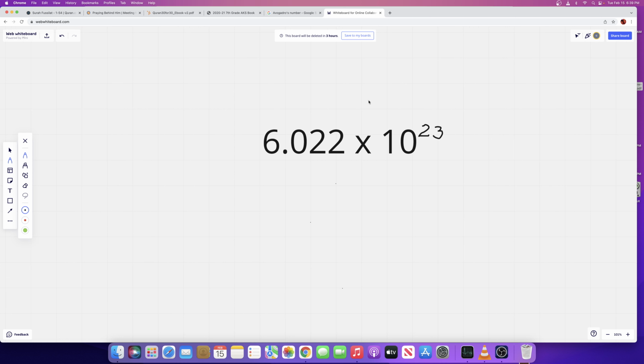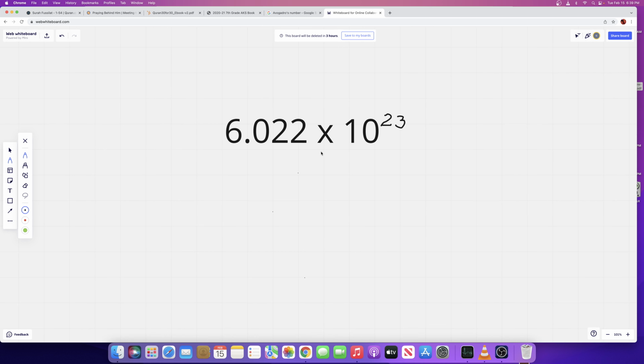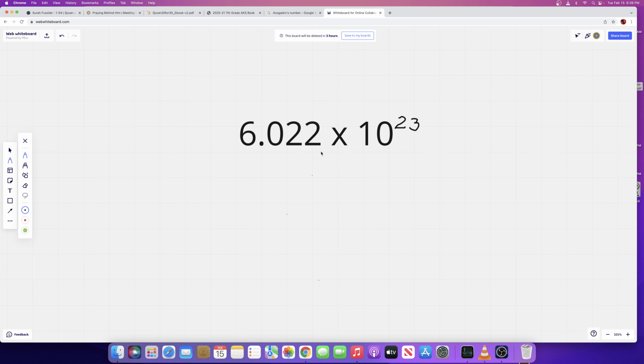But here is the catch. The number for your mole varies depending on the type of chemical or substance that you're using. One mole will equal the atomic mass of one atom in grams.